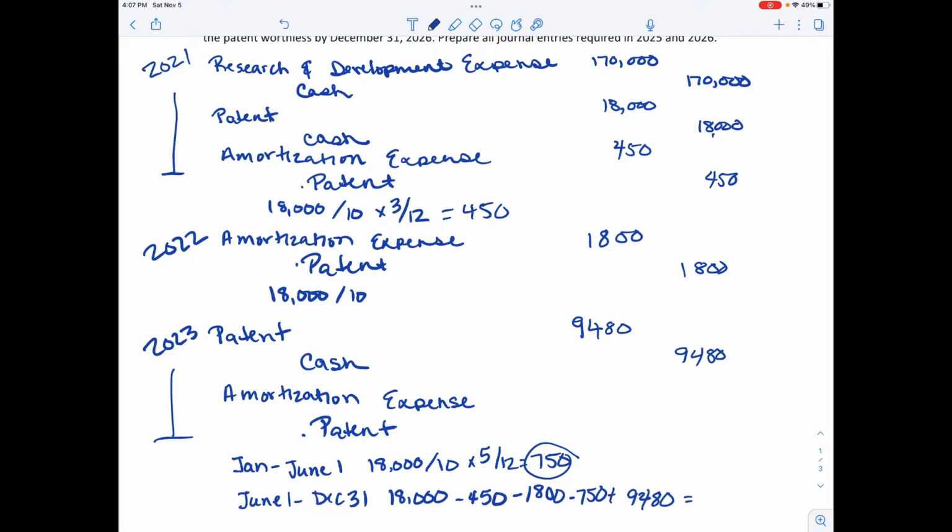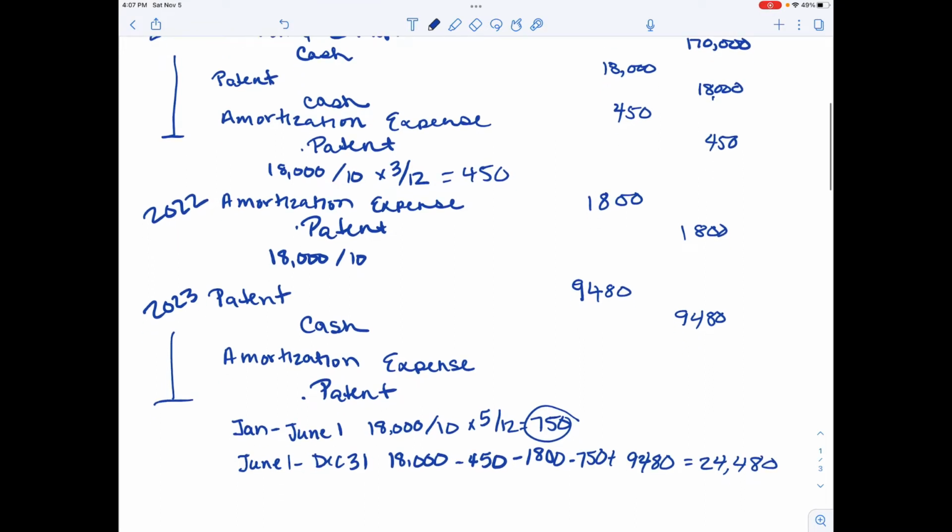So that gives us our current carrying value of our patent. Then we take that carrying value and divide that now by the useful life of 12 years, but we've already recorded those 5 months, so we need to multiply it by the rest of the year, or 7 out of 12 months, which equals 1190.